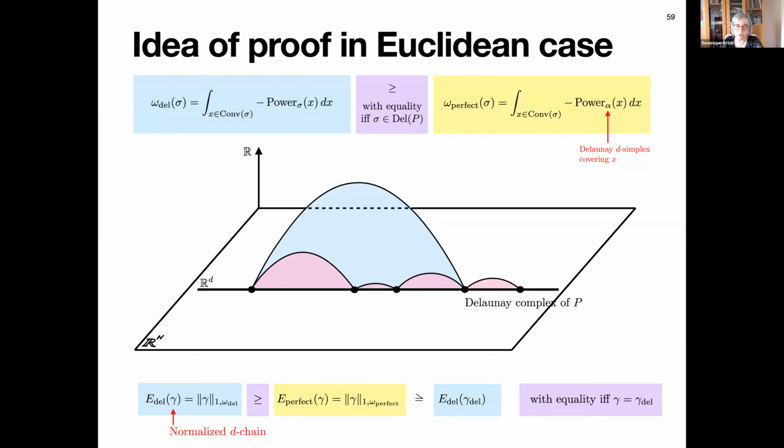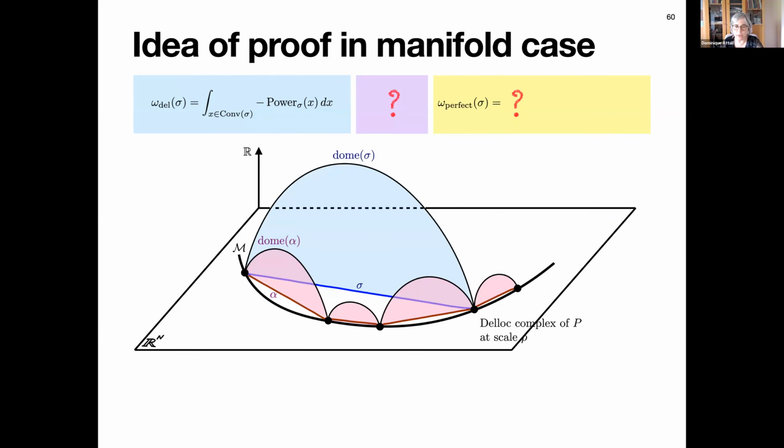But now, if you introduce some curvature, that is, the points are not on a d-flat but on a d-dimensional submanifold, you have a problem, because how do you compare simplices? You take a simplex sigma that is not in the Delaunay complex, and a simplex alpha that is in the Delaunay complex, but how do you compare their domes?